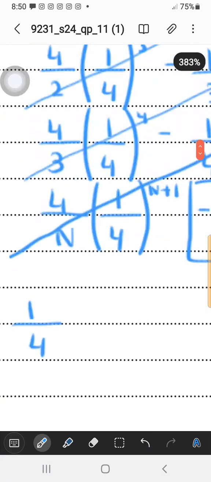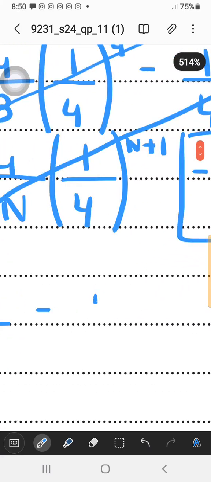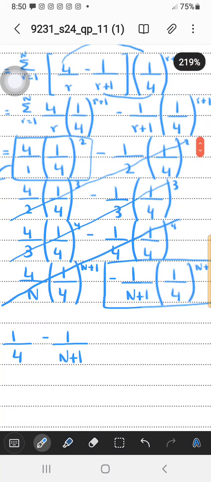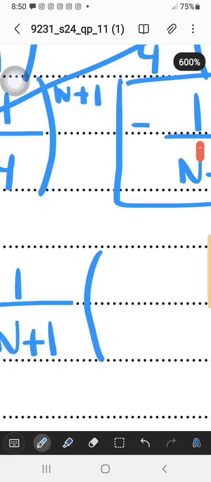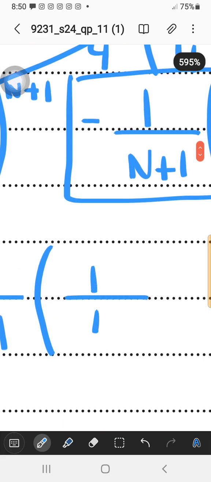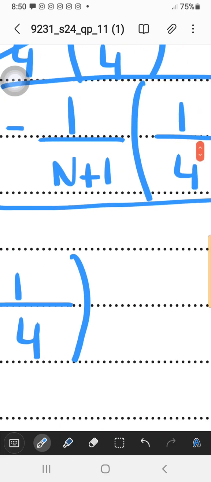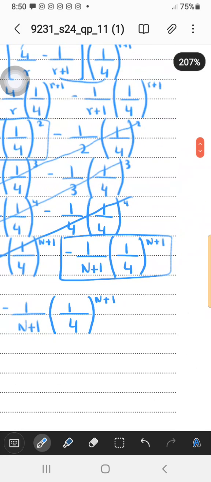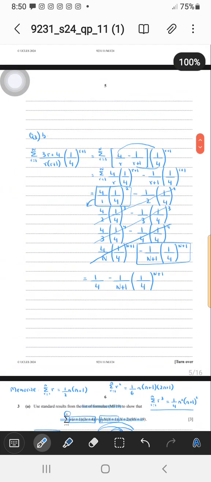And we will copy down the second term, minus 1 upon n plus 1, 1 upon 4 power capital N plus 1. So this is our answer. I hope you get this.